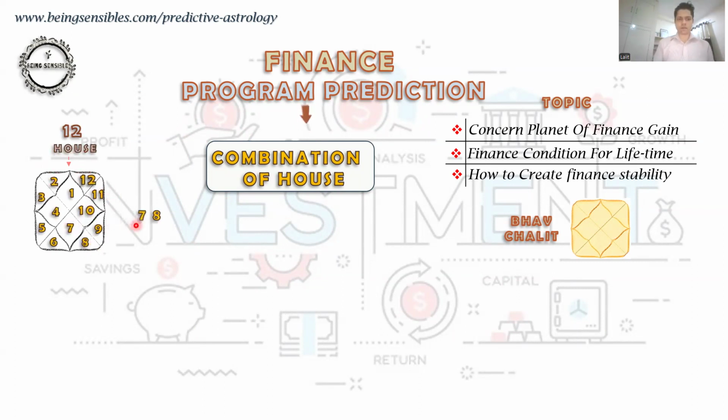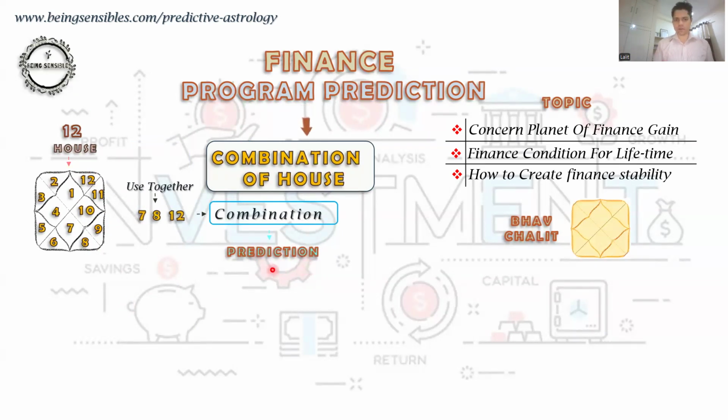If I pick 7, 8, 12 and use them together, they form a combination. This is the meaning of the combination of houses: when these houses club together, they form combinations, and the 7, 8, 12 combination has its own prediction and meaning.